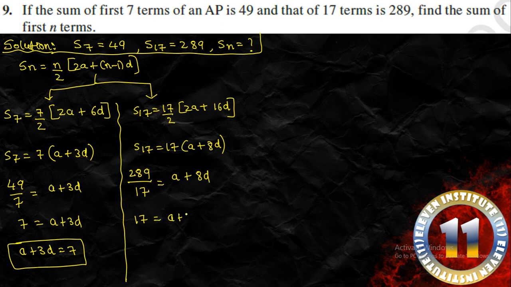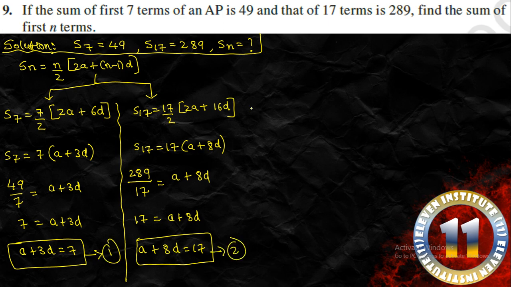So 17 is equal to a plus 8d, or I can write a plus 8d is equal to 17. So again we have two equations, and on solving them we will find the value of a and d. So let us solve equation number 1 and 2 over here.